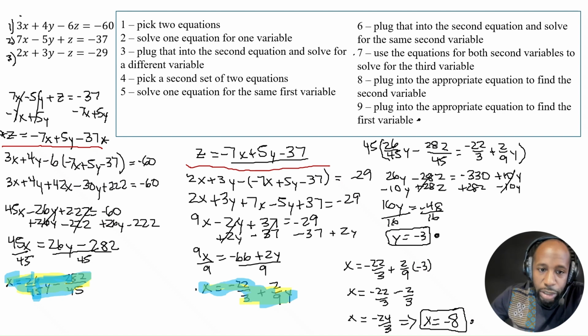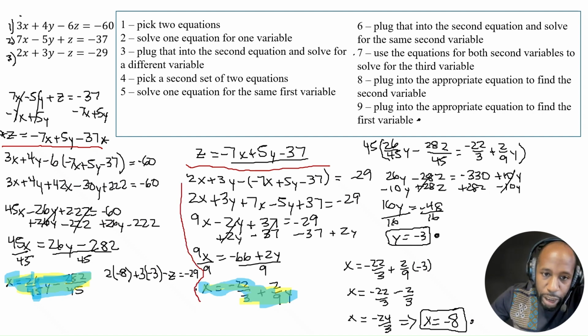So we got 2x, but x is negative 8, plus 3y, but y is negative 3, minus z equals negative 29. Okay, let me get some lines here because we're working in this small bit of space that I have. I apologize.